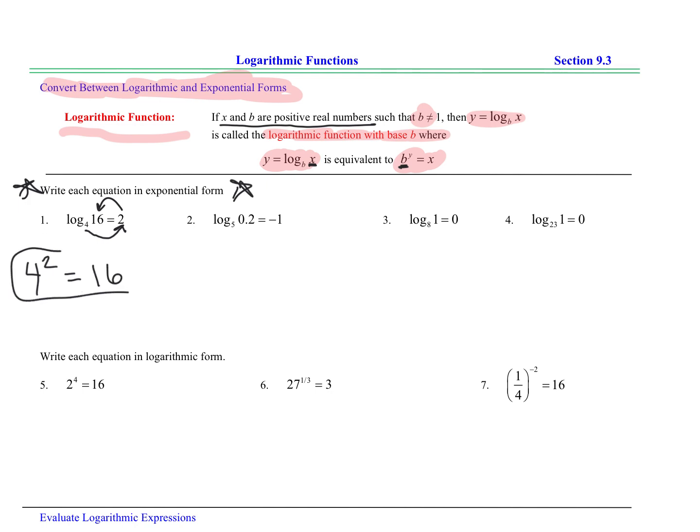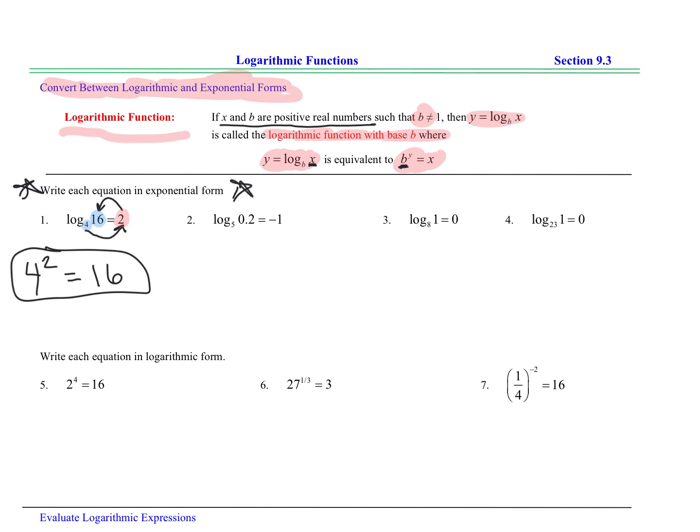So the equivalent exponential form of the log of 16 base 4 equals 2 is 4 squared equals 16. Notice the base. When we write the log, the base is always the smaller number. On the other side of the equal sign is my exponent, and then it is equal to this part.